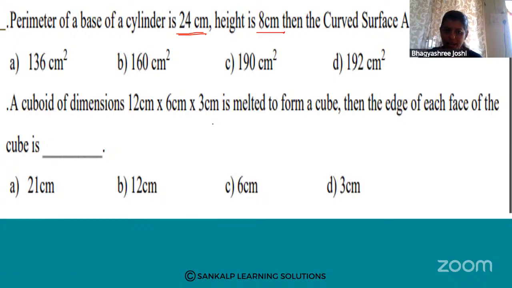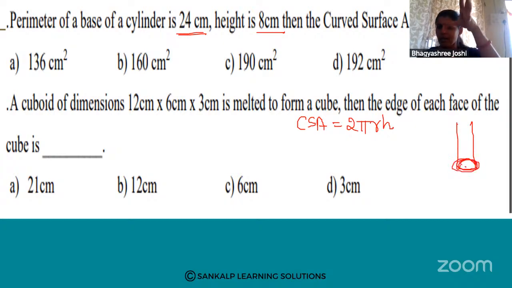Okay, and height they have given, that is 8 centimeter. So curved surface area. See here, curved surface area they have asked. Curved surface area of the cylinder is 2 pi RH. Right? 2 pi RH.